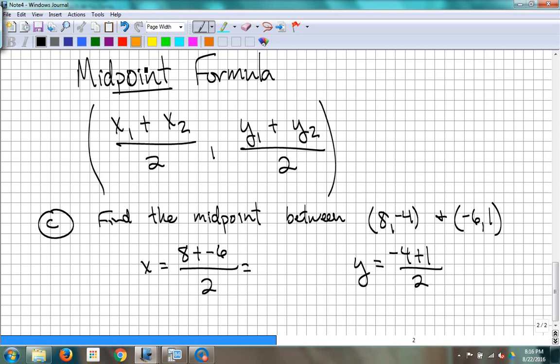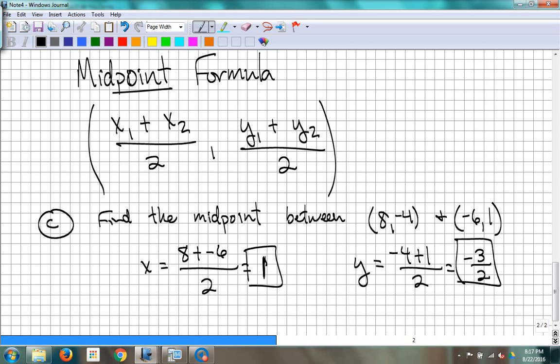So when I work that out, 8 plus -6 would be 2, divided by 2, which is 1. Okay, so we'll get an x value of 1. And then -4 plus 1 would be -3, divided by 2 is just -3 over 2.